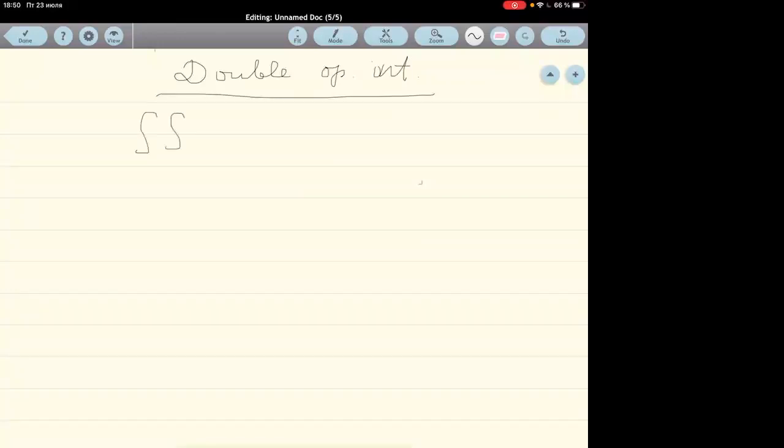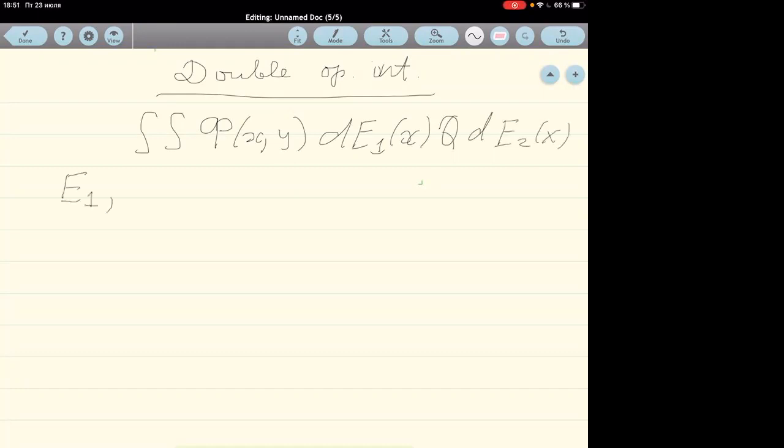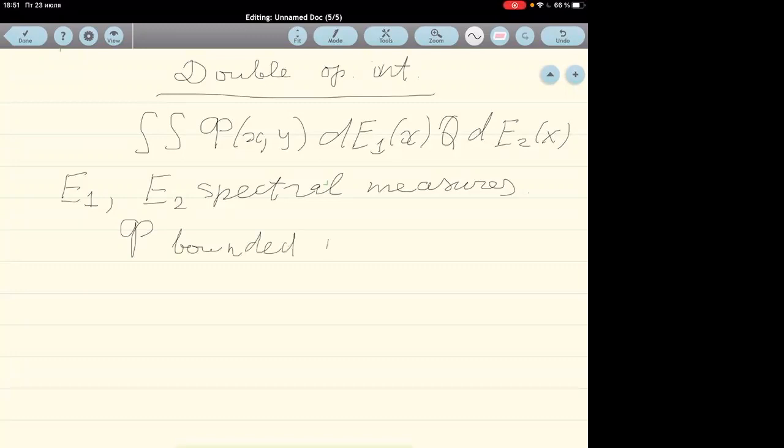It's an expression of the following form, where E1 and E2 are spectral measures on Hilbert space, phi is a bounded measurable function, and Q is a linear operator, say a bounded linear operator.